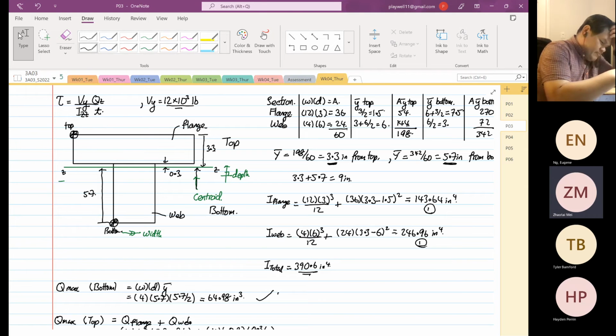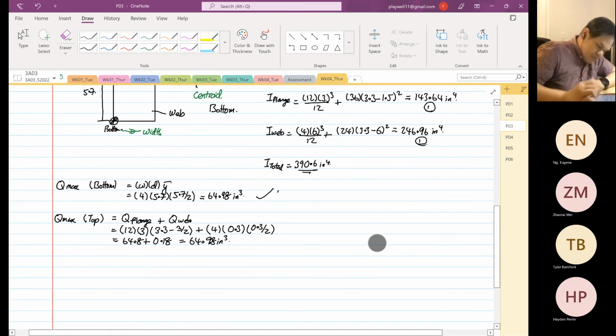From here, we now know that tau max is equal to Vy over Izz, Qz divided by t.